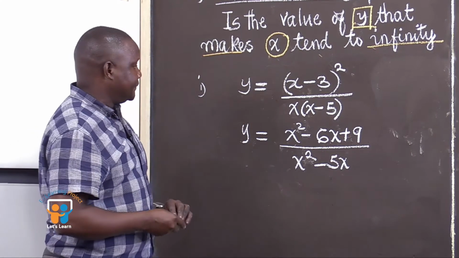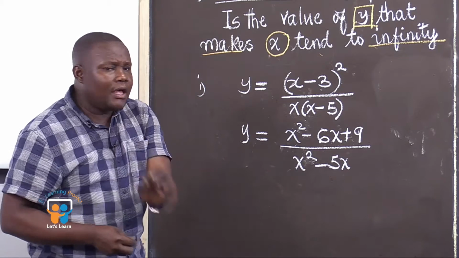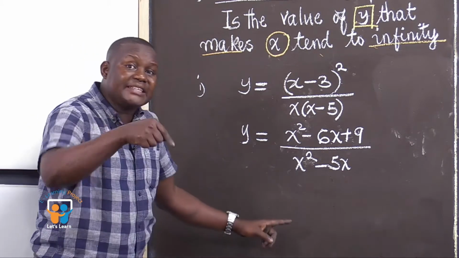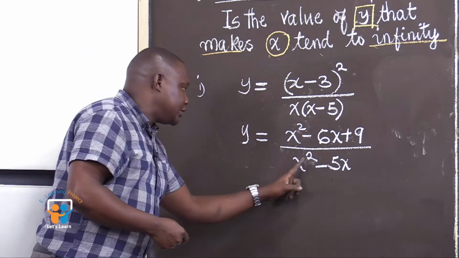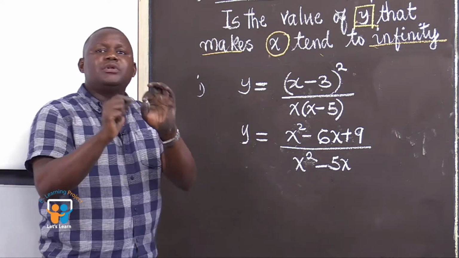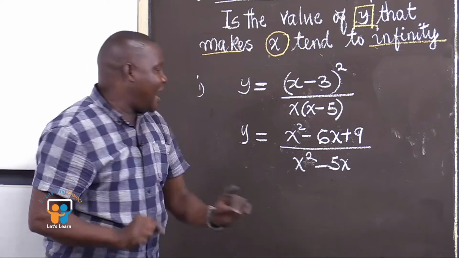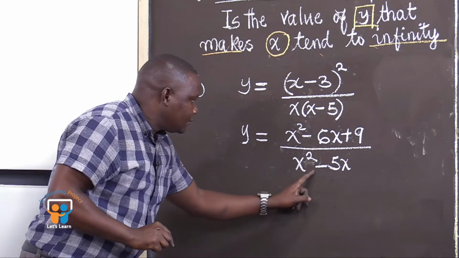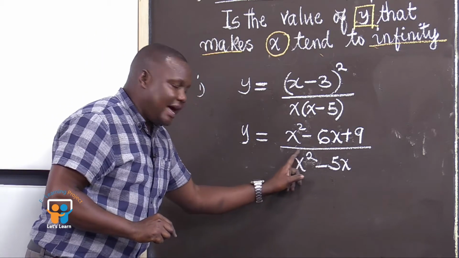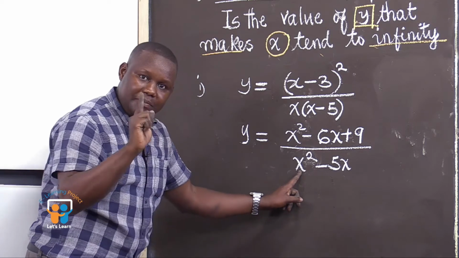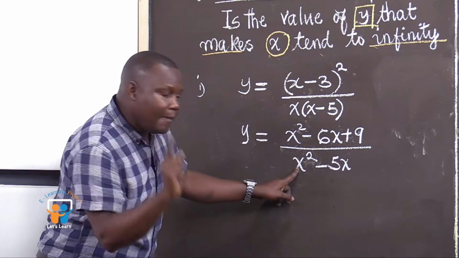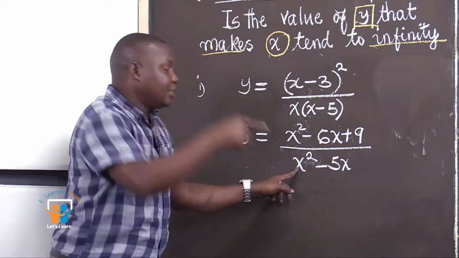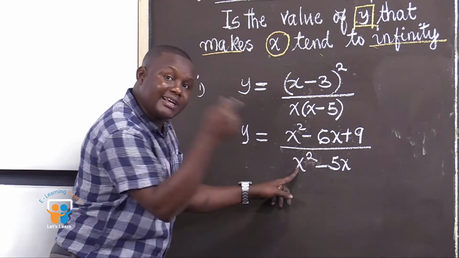Now, method 1. In method 1, after identifying the highest degree, of course, in the denominator it is 2, isn't it? We are going to divide throughout by this part. Are you getting me? Yes, by this part. Why? Because in the denominator we first saw this is already proper in curve sketching.